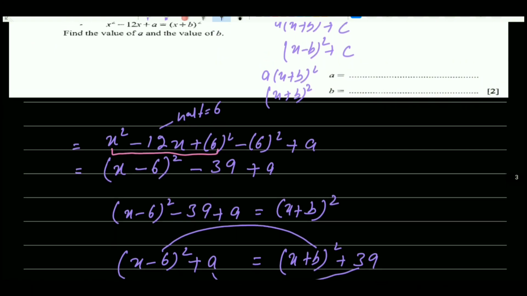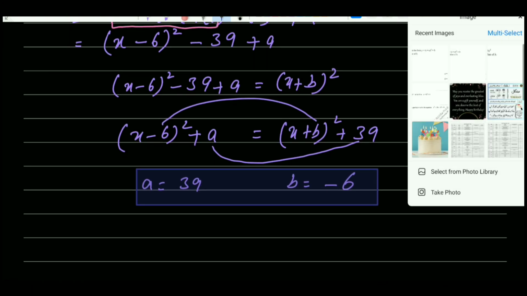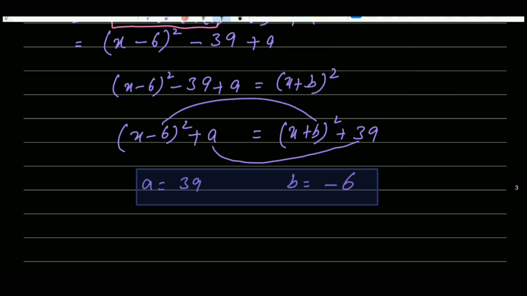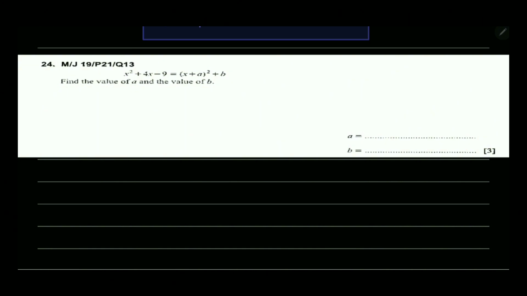The next question is from May June 19 P21. How to solve this question? x square plus 4x minus 9 is equal to x plus a whole square plus b. As we can see, this is the form of completed square, so we will solve it with the completed square method.